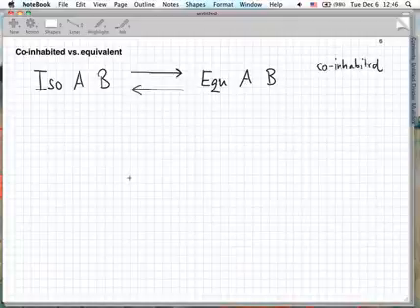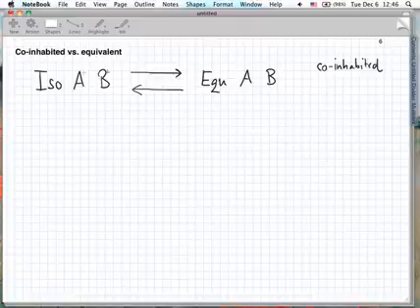There is a stronger version, of course. These are two spaces. So we have just defined the notion of equivalence of two spaces. So we could ask not whether they are co-inhabited, but whether they are isomorphic.